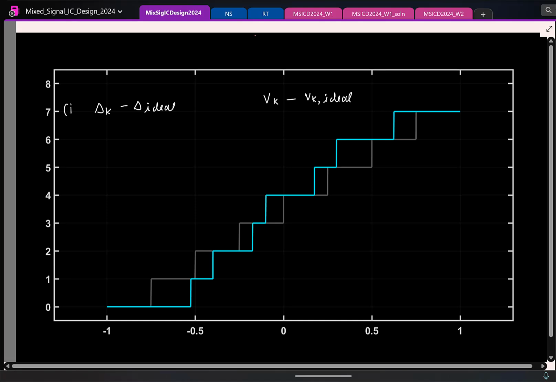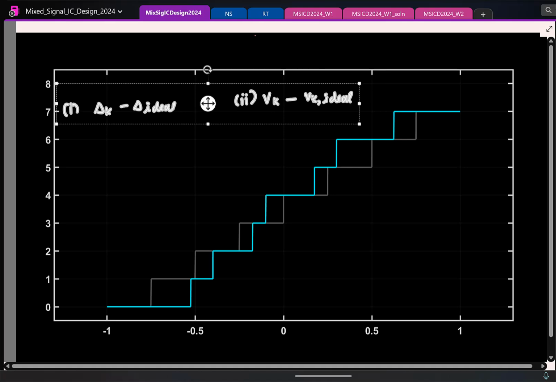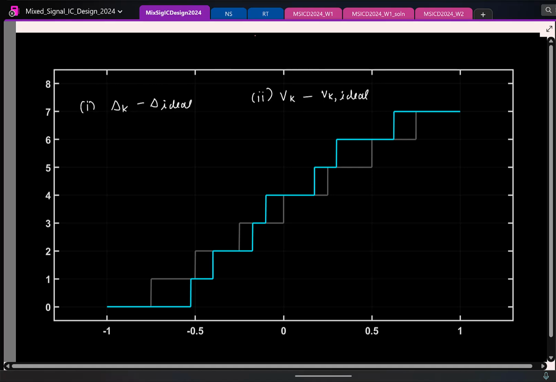So these are two things that you can do, and this is good but not great, because here my quantizer is operated between -1 to 1. In this case, let us say my deviation is something. Now let us say I go and change the range to -10 volt to +10 volt. What can you say about these values?